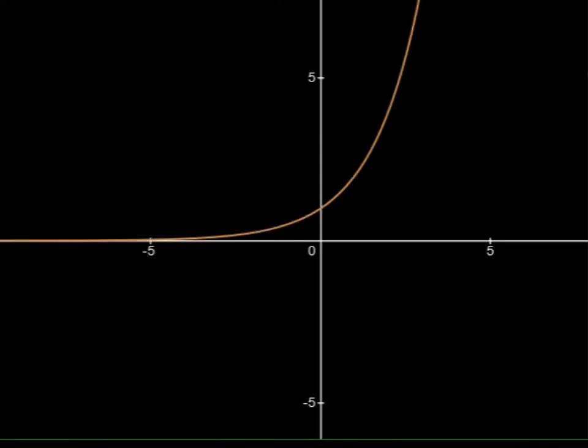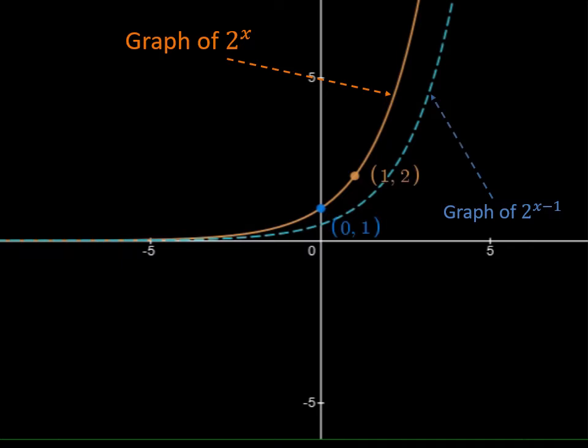Now we're going to see transformations on the exponential function. This is the graph of y equals 2 to the power x. Now this is the graph of y equals 2 to the power x minus 1.